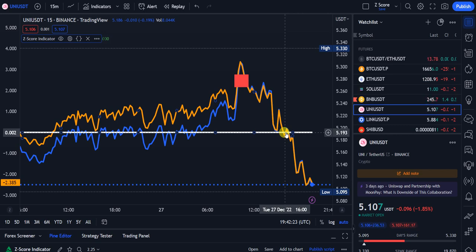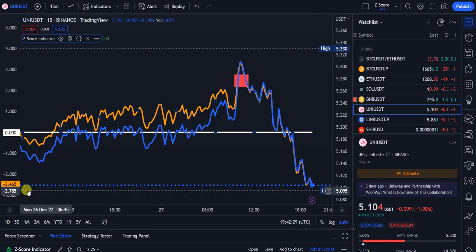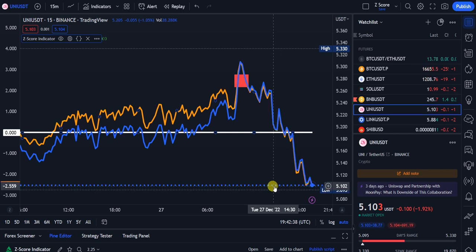Basically once it goes back to zero, and that's pretty nice. And now the Z-score is negative 2.46, so we might get, I don't know, around $5. It will be negative 3 standard deviations from its mean, and maybe a lot of whales will buy Uniswap. I don't know, but so far this indicator is pretty good.